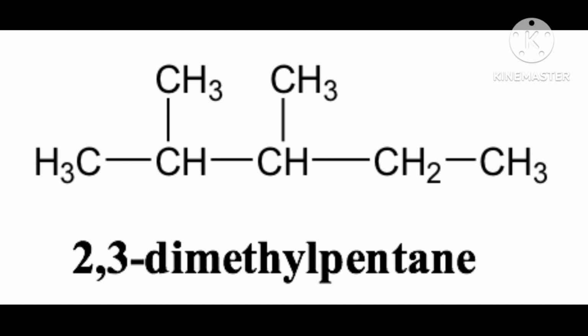The main parent is alcohol, butan-1-ol, because at carbon number 1 the OH group is attached. But what about the methyl? The methyl is attached at carbon number 3, hence you have to write 3-methyl first, and then the parent, butan-1-ol. So it is 3-methylbutan-1-ol.